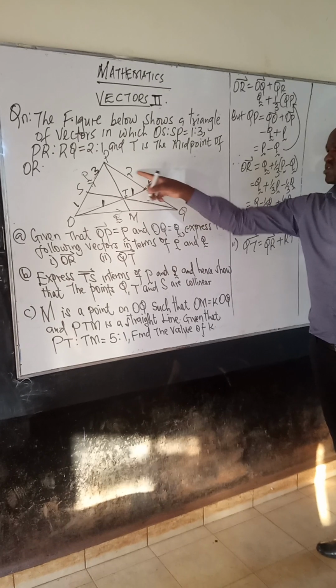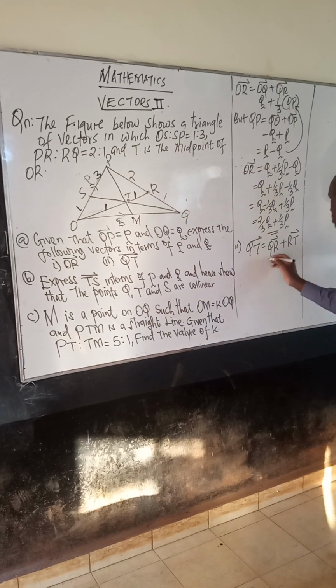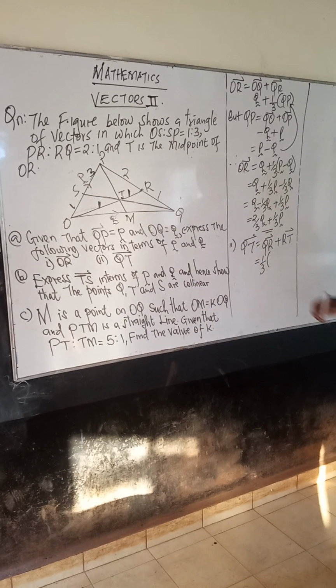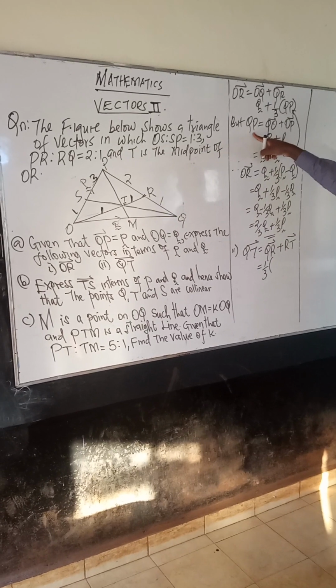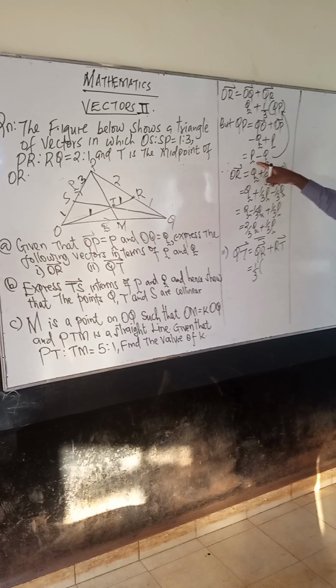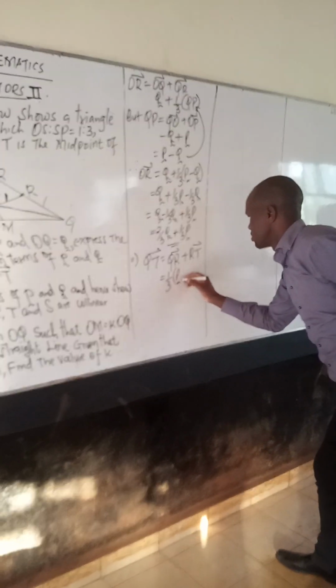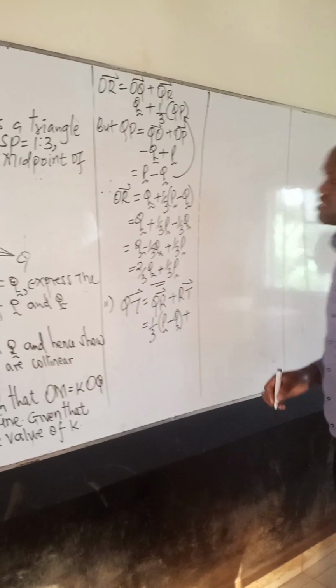QR will be 1 over the total ratio 3 of QP, going in that direction. Have we found QP? QP is here. We found QP as P minus Q. So this will be one third of P minus Q, then plus RT.